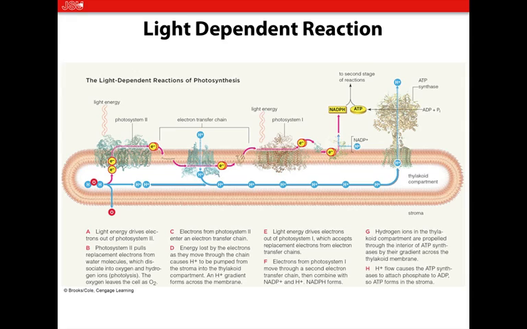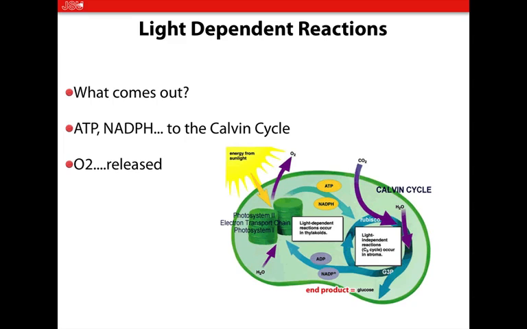End story here is what? What goes in? Water. What goes in? Light energy. What comes out? ATP. What comes out? NADPH. Where do the ATP and NADPH go? They go to the next reaction, the light-independent reaction.